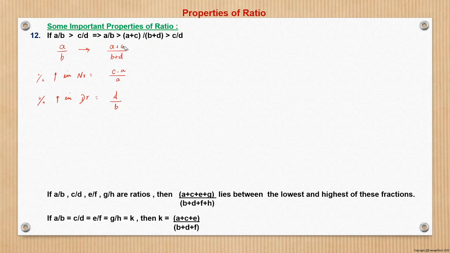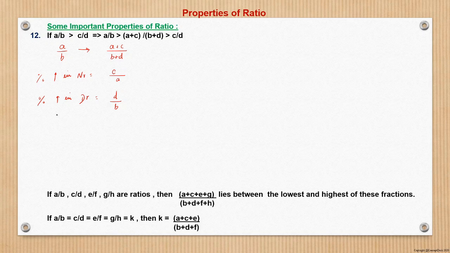Here the percentage increase will be c: from a it becomes a plus c, so the increase is c with respect to a. So here the percentage increase is c by a, and here it is d by b. Let us see what is the relationship between c by a and d by b.